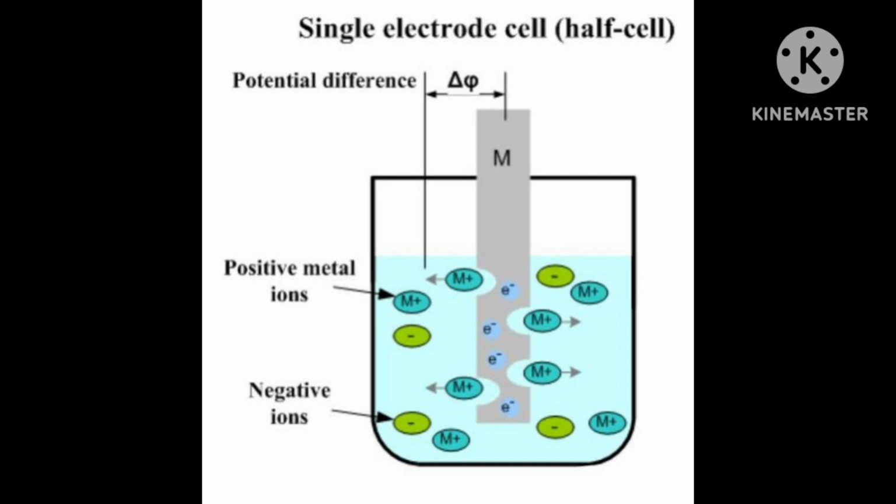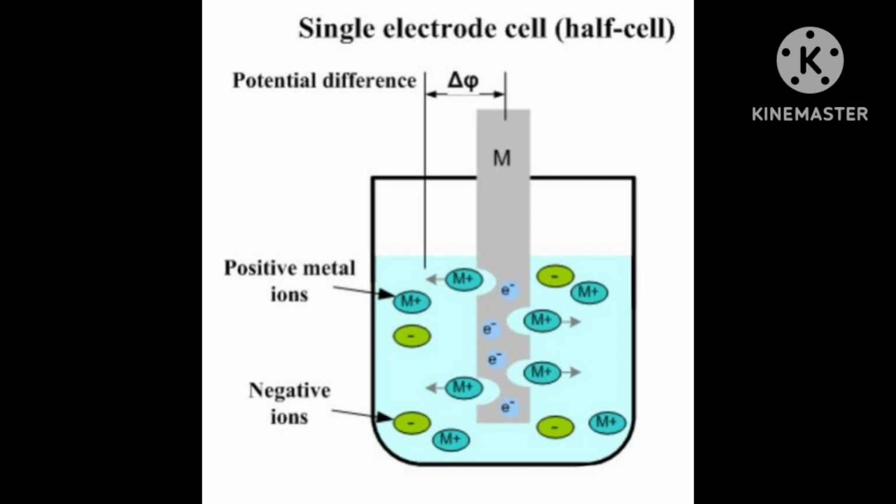E cell is equal to ER minus EL, meaning the electrode potential of the right hand electrode minus the electrode potential of the left hand electrode, denoted by capital E, with RHE for right hand electrode and LHE for left hand electrode, correct?